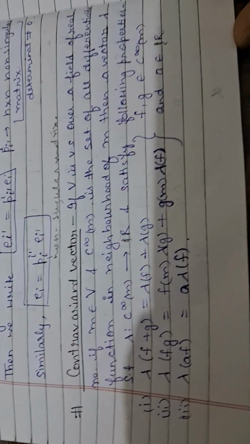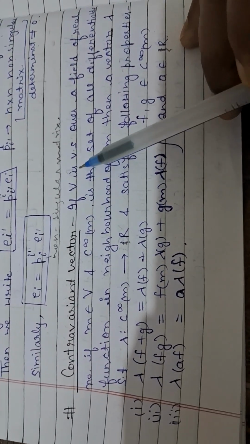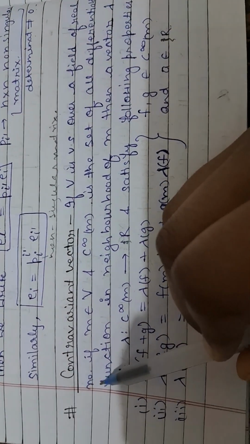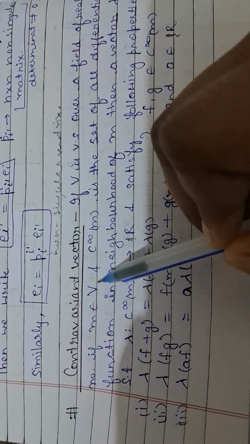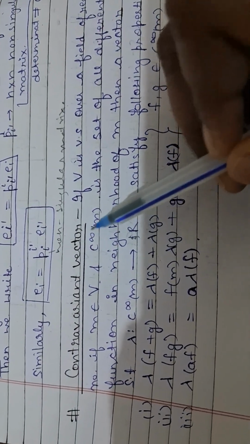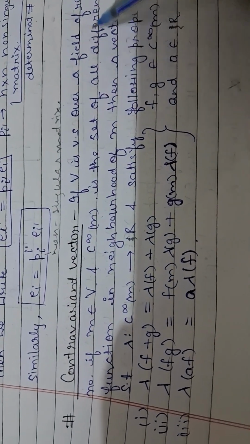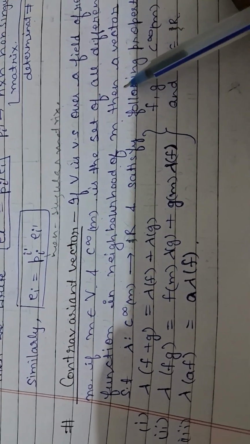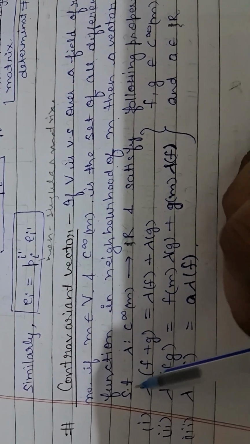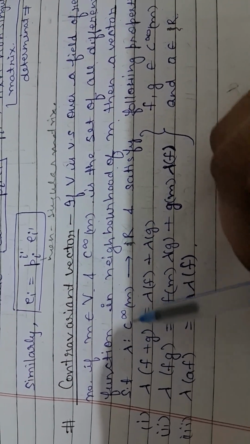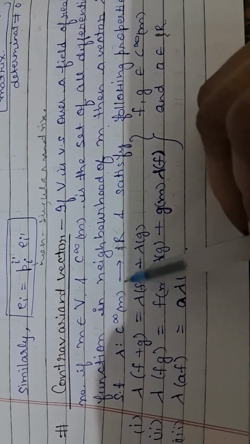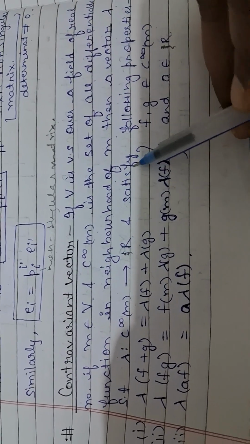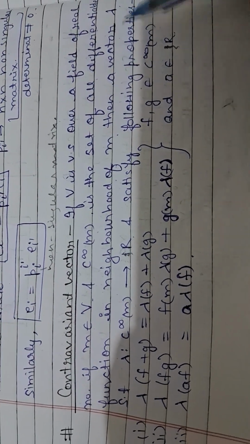Now, what is a contravariant vector? If V is a vector space over the field of real numbers, if M belongs to V and C infinity of M is the set of all differentiable functions in a neighborhood of M, then a vector lambda is such that the mapping lambda from C infinity of M belongs to R, and satisfies the following properties.